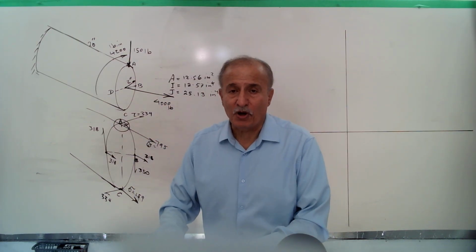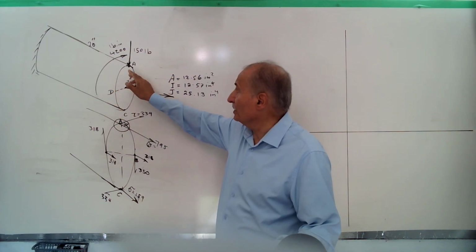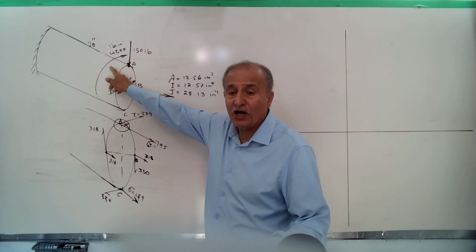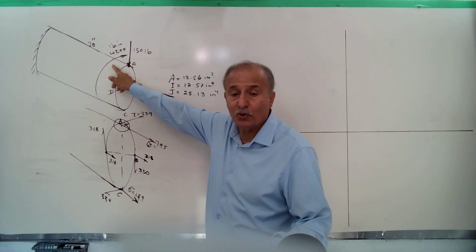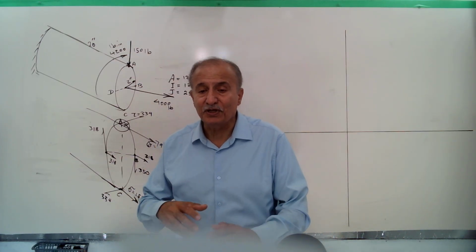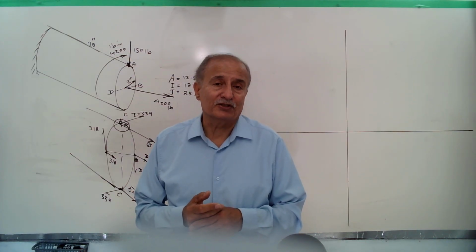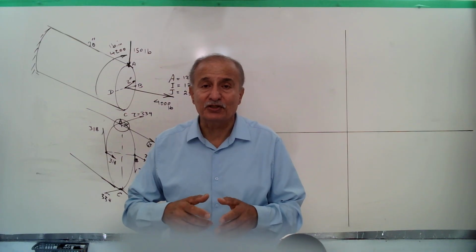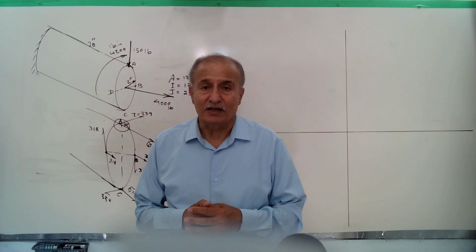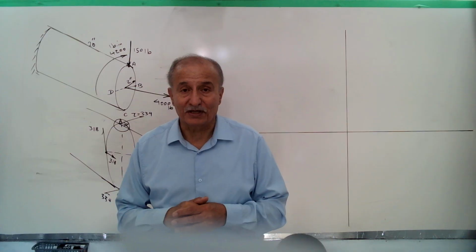From combined stress part 3, we reached this conclusion that when we apply to a shaft a 150 transverse shear force load, a 200 torque, and an axial load 4000, we reach four types of loading: bending stress, torque shear due to torque, horizontal shear stress due to transverse shear force, and also the axial load 4000, which is applied here, produces a normal stress due to axial load.